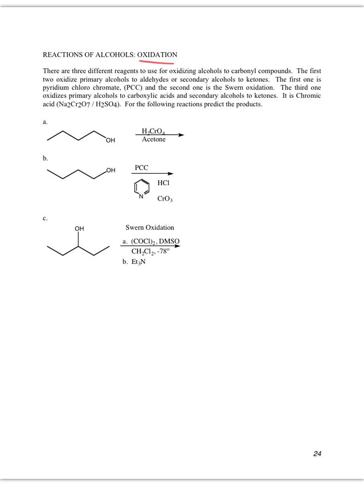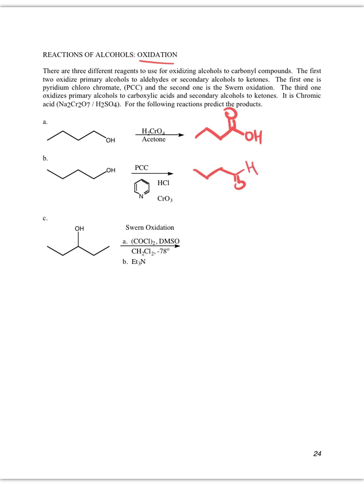Chromic acid and acetone oxidizes a primary alcohol all the way up to the carboxylic acid. It cannot stop at the aldehyde. We get the carboxylic acid. PCC takes a primary alcohol and makes an aldehyde out of it. It stops before it gets to the acid.